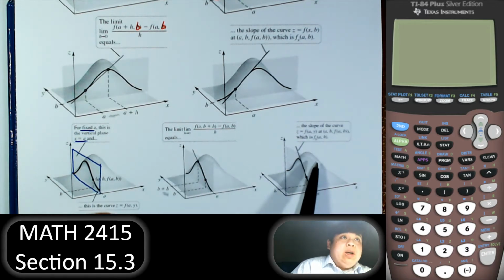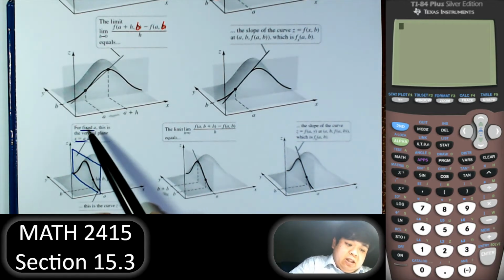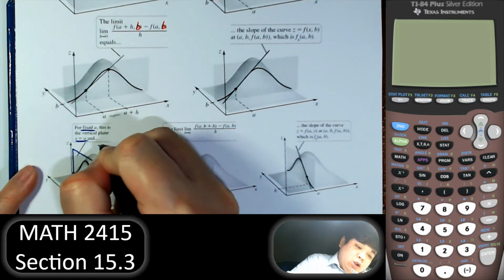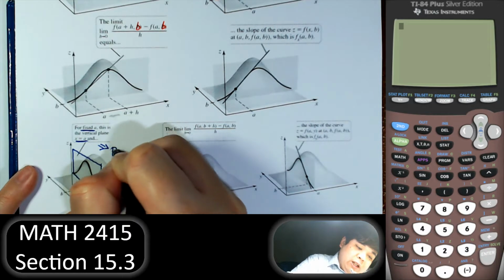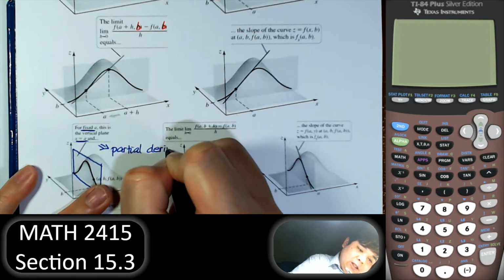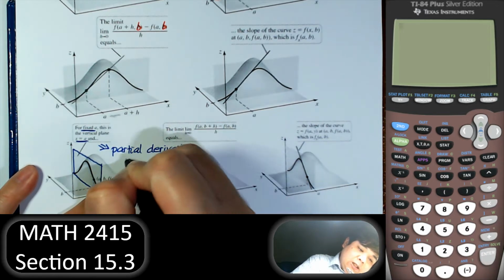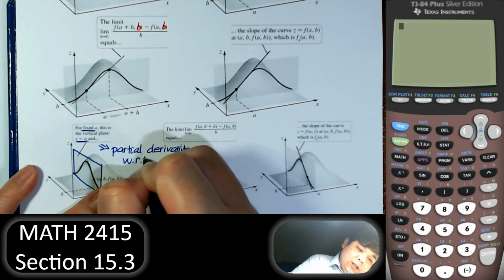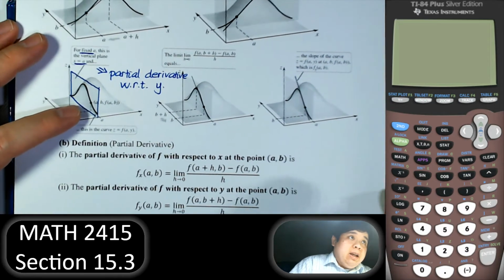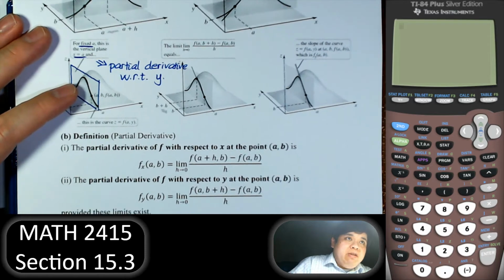And the same way, if x is constant, then what we have is the partial derivative with respect to y. So bottom line, that's all we have. If there are two variables, x and y, we have the partial derivative with respect to x and the partial derivative with respect to y.